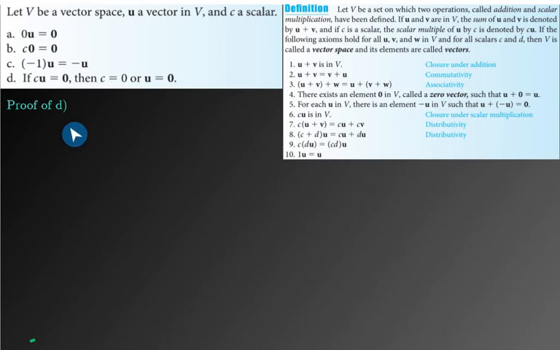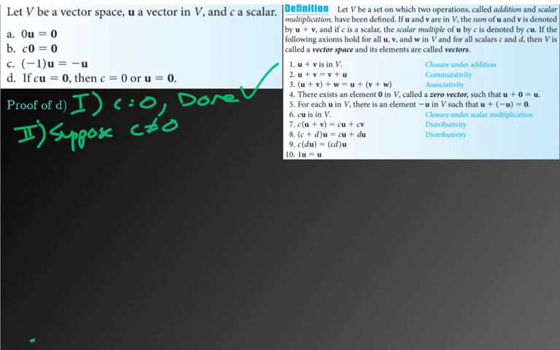So we're going to prove D. So since we want to prove an OR statement, really the interesting one is the second one, right? Because we could basically do this in cases. Case 1, C equals 0. And then in this case, we're done, right? Case 2 is suppose C doesn't equal 0, right?